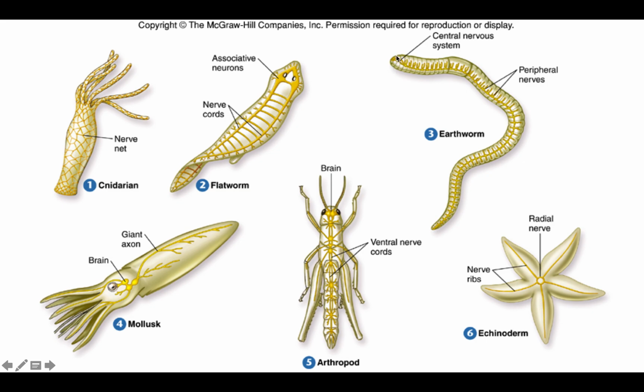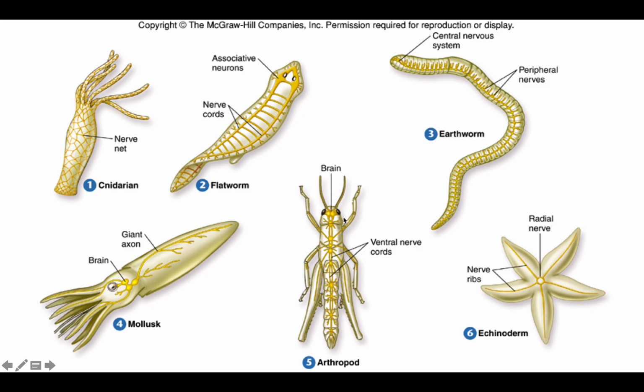Now, obviously, their central nervous system is going to be different than what we are used to, but you have peripheral nerves, meaning that these are going to branch out. So you have a single nerve that's running through here, and then you're going to branch these out. Then you have mollusks. Here you have a brain, you have centralization, you have a central nervous system, and then you have a giant axon here that's going to branch out as well to other nerves.